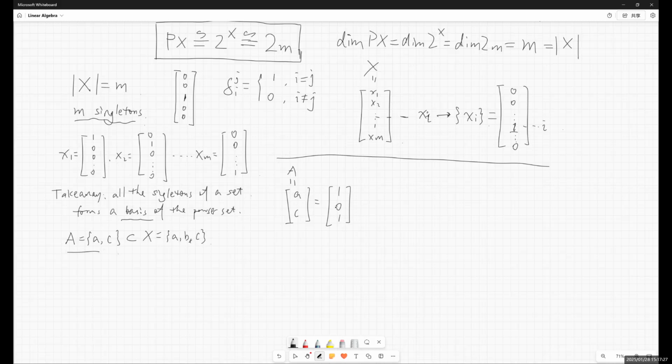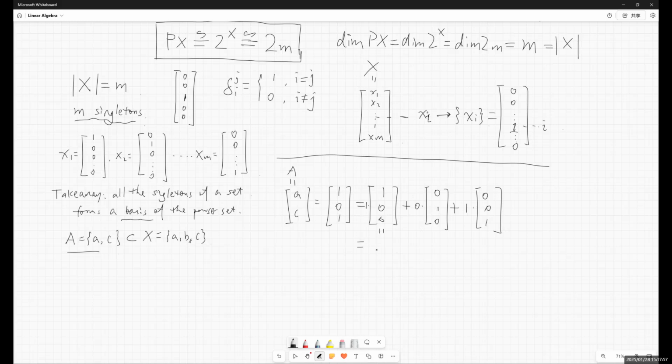B is excluded, so it's 0. So this one can be expanded into 1 times 1, 0, 0 plus 0 times 0, 1, 0 plus 1 times 0, 0, 1.